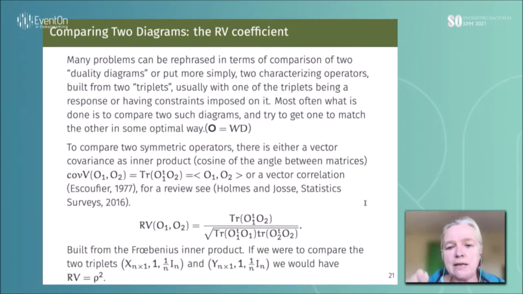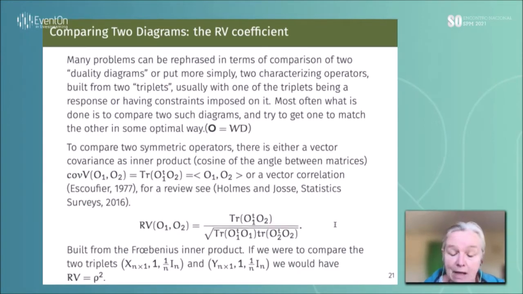It's a generalization of the ordinary inner product between vectors to the inner product between the operators associated to the diagram. So it's in some sense the cosine of the angle between matrices, and we define the approximation in terms of this RV coefficient.